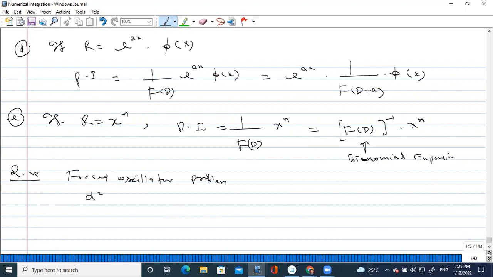it will be like this: d2y by dt square, we have discussed it already, plus 6 dy by dt plus 8y is equal to 42.5 cos 2t.